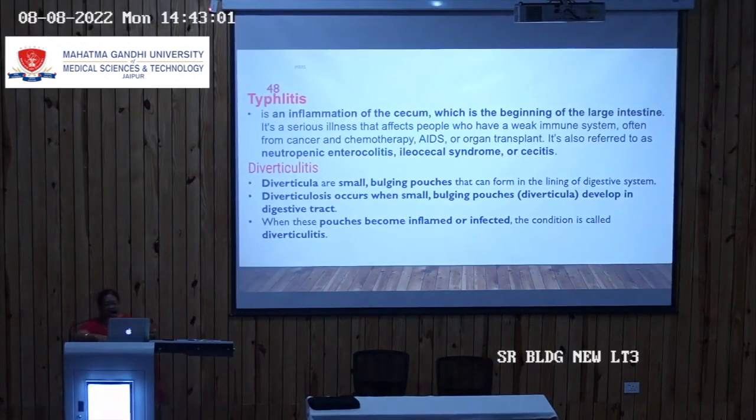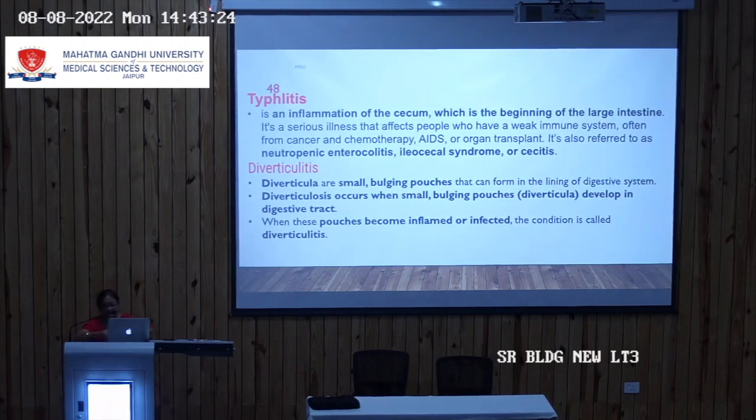Typhlitis is an inflammation of the cecum, which is the beginning of the large intestine. It is a serious illness that affects people who have a weak immune system. This generally happens when people are suffering from cancer and they are on chemotherapeutic drugs.